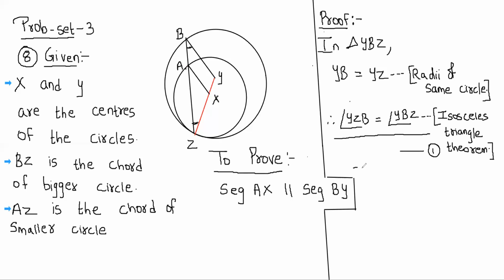Okay. Next triangle we are going to consider is triangle XAZ. In triangle XAZ, XA is equal to XZ. Again the same reason, radii of the same circle.